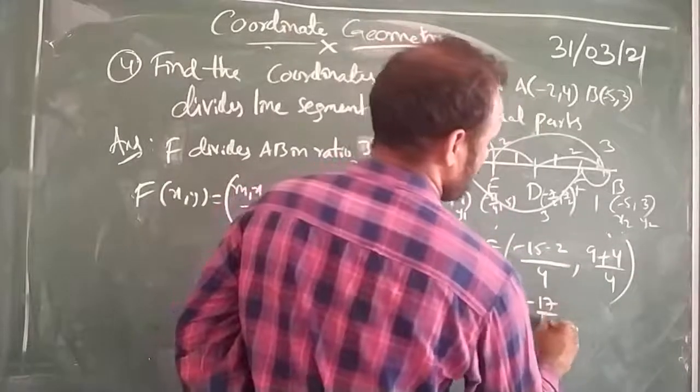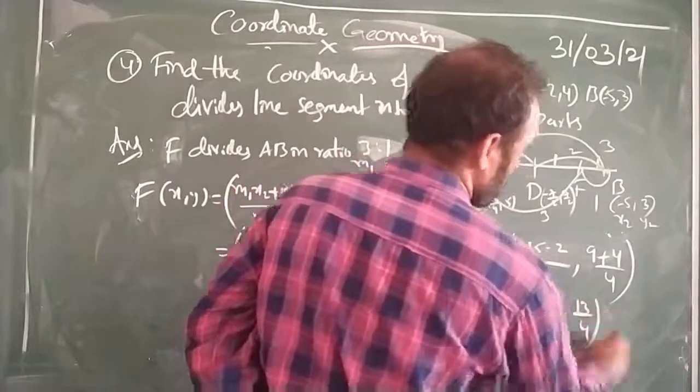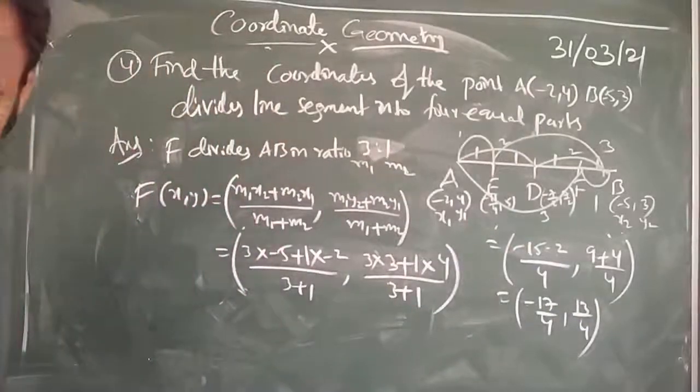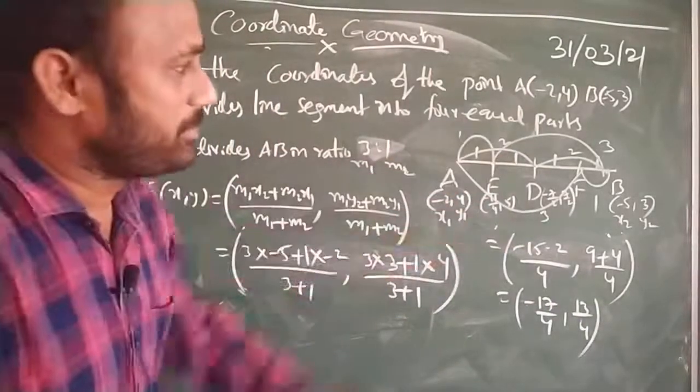So minus 17 by 4, comma, 13 by 4. So these are the coordinates of F.